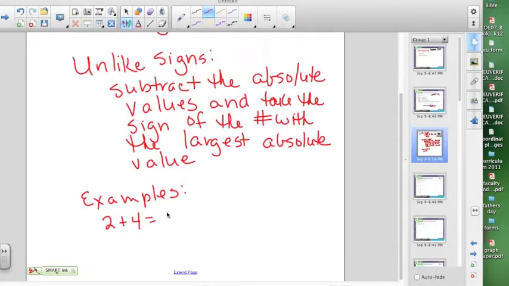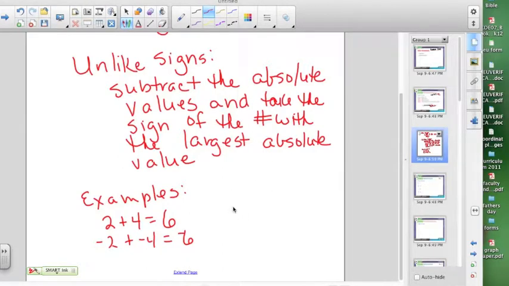You just add and keep the sign. +6. If I had -2 plus a -4, like signs, so I add 2 plus 4 is 6, and I keep the sign. -6. Again, you could do any of these on a number line without any problem, but as we get into bigger numbers, you want to memorize the rules so you don't have to draw the number lines.